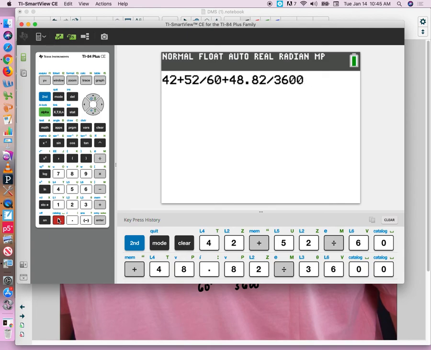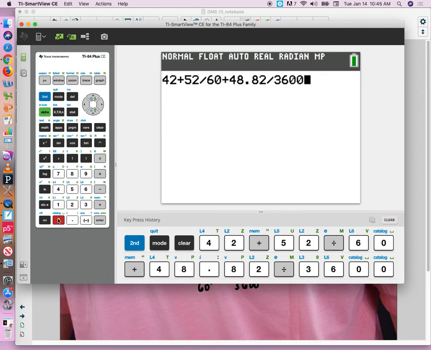I'm sure that our book and a lot of places you would look probably have you stop and convert 52 divided by 60 and get a decimal. And then convert your seconds to degrees. 48.82 divided by 3,600, and you've got these two nasty decimal places to add together, then add it to 42. I just like to be efficient, just do it all at once. Do y'all see what I mean?